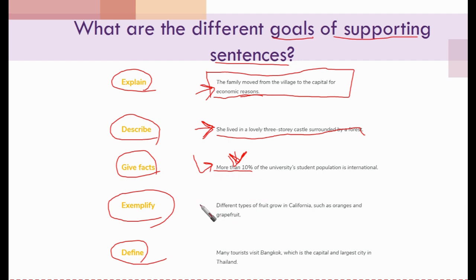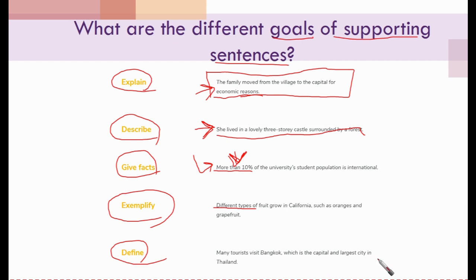Next one, let's look at the next example together. Different types of fruit grow in California, such as oranges and grapefruit. So different types, they exemplified. Next one is many tourists visit Bangkok, which is the capital and largest city in Thailand.